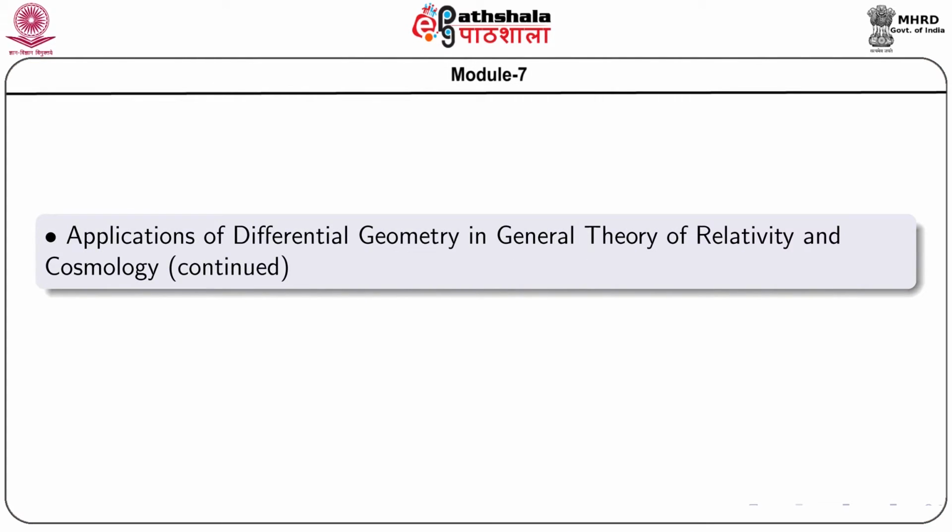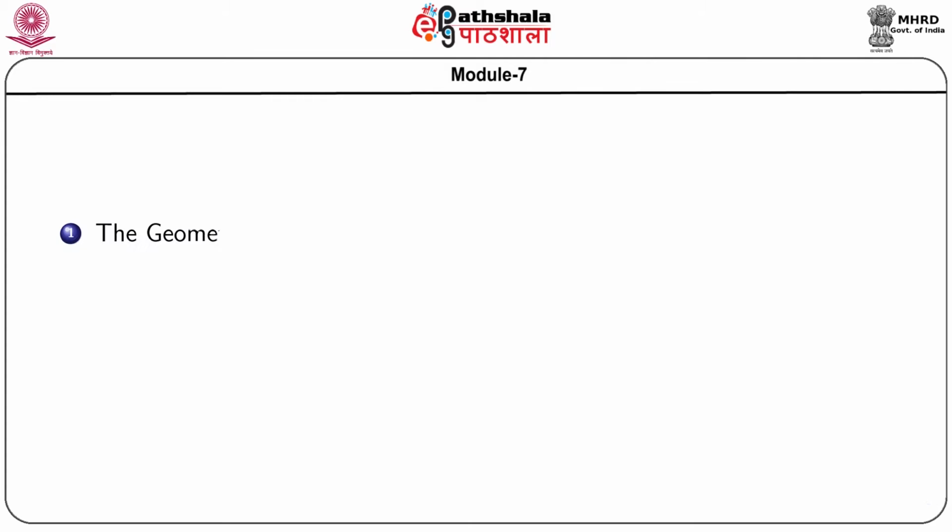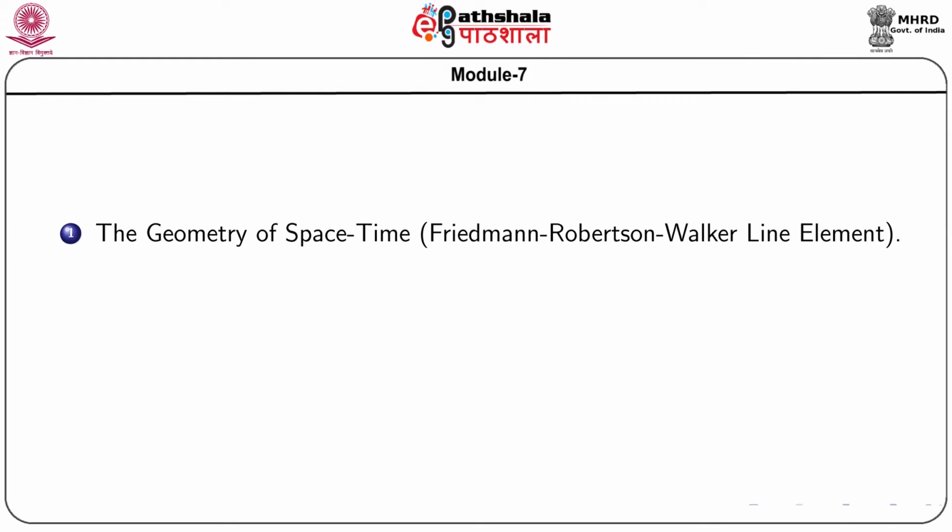So, the title of module 7 is applications of differential geometry in general theory of relativity and cosmology, continued, because in module 5 and 6 we have seen some applications of differential geometry in general theory of relativity and cosmology. Here the learning objects are the geometry of space time.